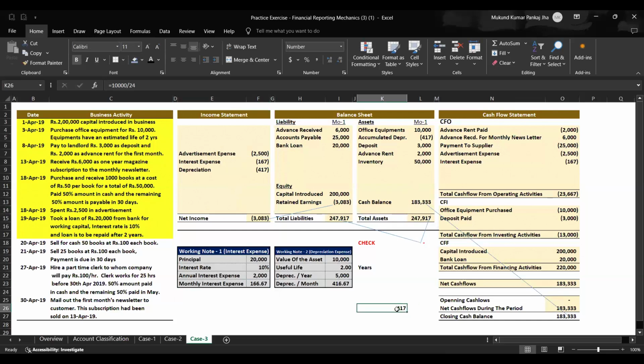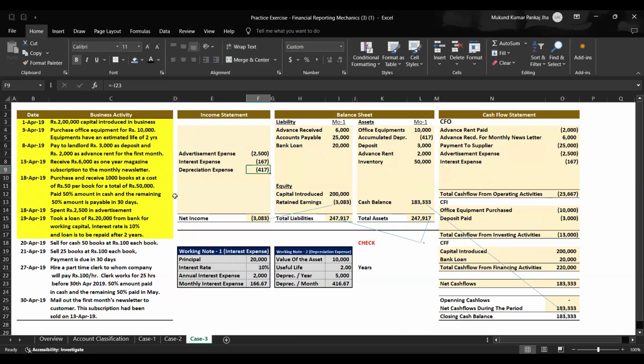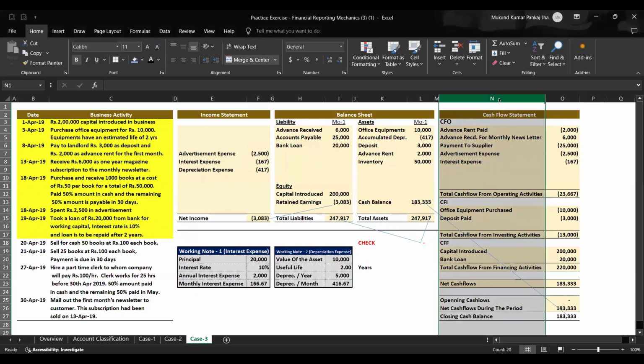So Apurv, this 417 is how the depreciation is calculated. Are you clear with this? Now, what is depreciation? Depreciation is an expense. So the first entry for depreciation is depreciation expense of 417 rupees. Now the question is, where will the next entry go? Since depreciation is a non-cash expense, this entry cannot go to a cash flow statement, because depreciation is simply a non-cash expense.